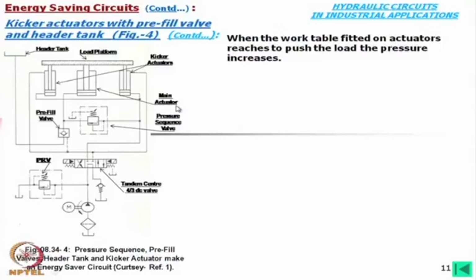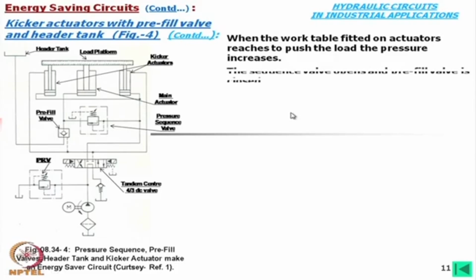Or think of paper cutting machines, where the actuator is moving on the paper, applying the load, but initially you will find the paper cut with a gap, so almost no load. Now, when they are pushed and this material is squeezed, the pressure will rise and the sequence valve opens and the pre-fill valve is closed.